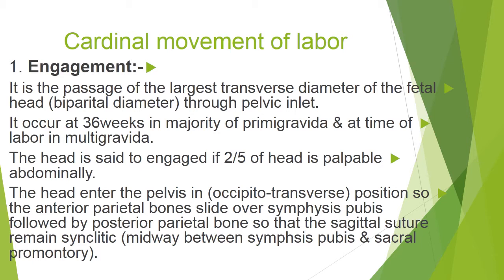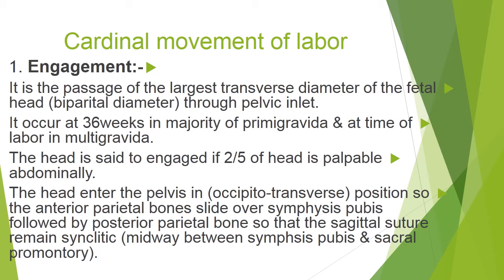That means the occiput, which is the denominator, is directed either to the lateral right or to the lateral left. So the anterior parietal bone slides over the symphysis pubis, which is the anterior border of the pelvic inlet, followed by the posterior parietal bone, so that the sagittal suture remains synclitic.